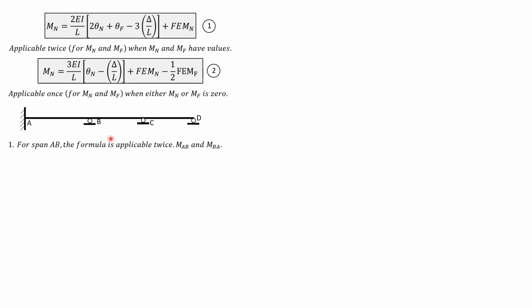There's no relative vertical movements of the supports for this case, unless there are settlements provided. But in this case, when there's no settlement, the supports remain intact, then delta over L will just be 0.